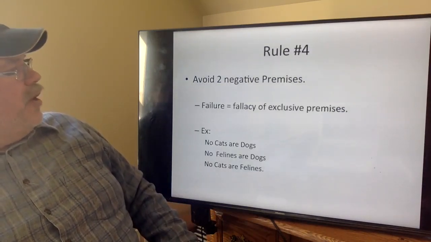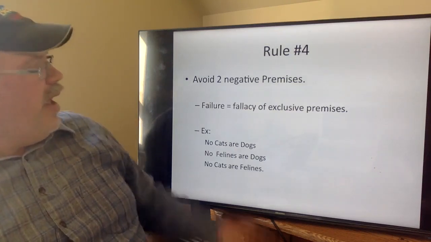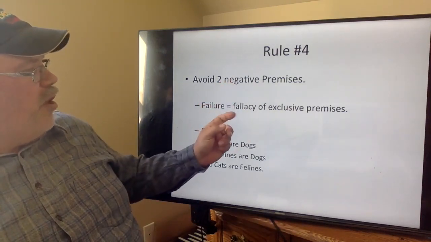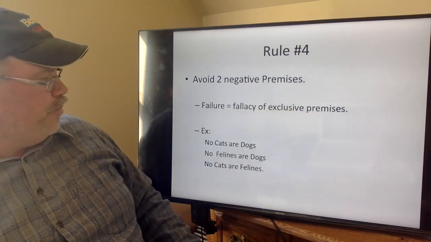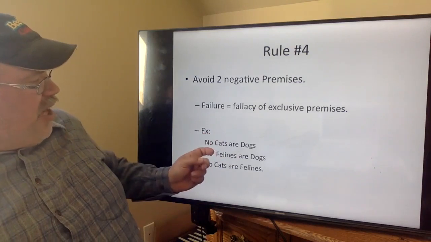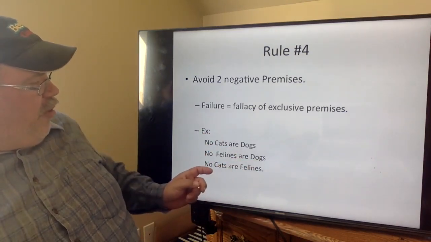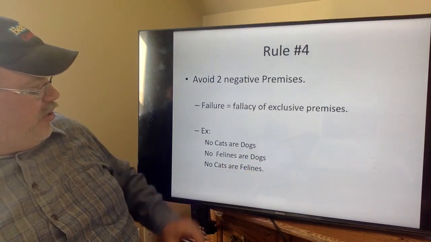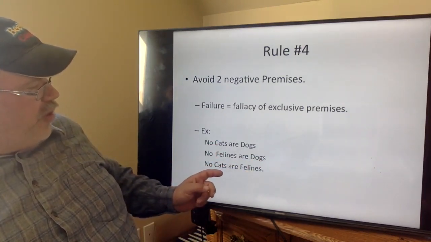Rule 4, you can't have two negative premises. And if you break that rule, we call that the fallacy of exclusive premises. Here as an example: no cats are dogs, no felines are dogs, therefore no cats are felines. True premises leading to a false conclusion.